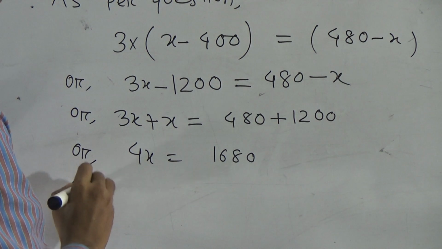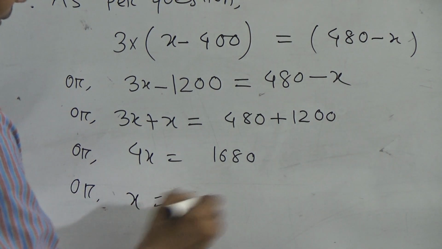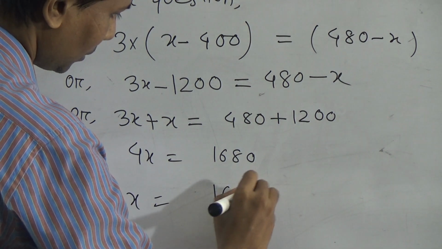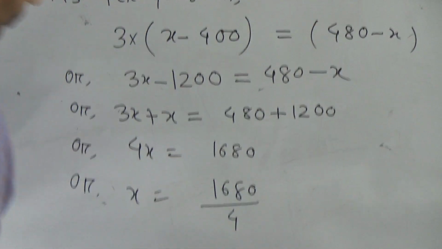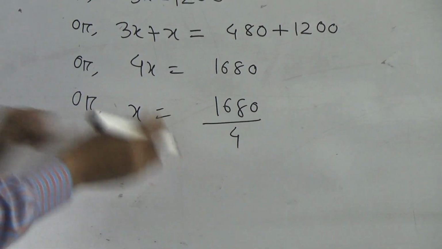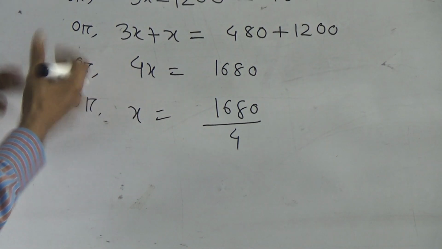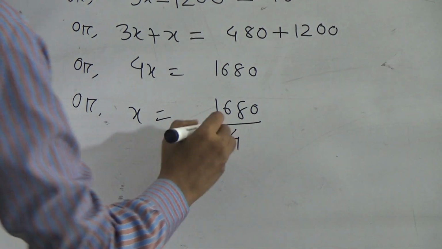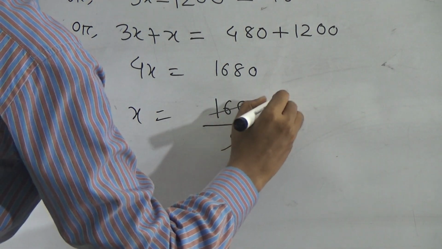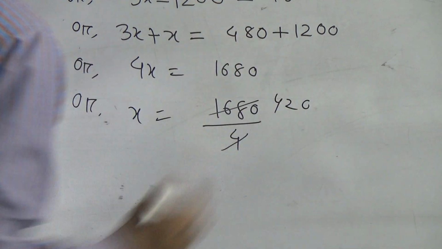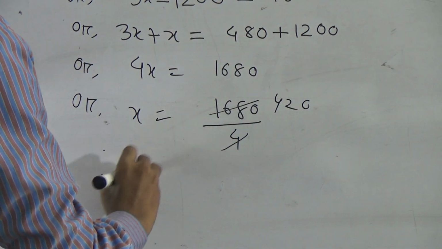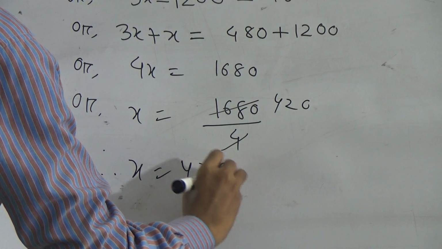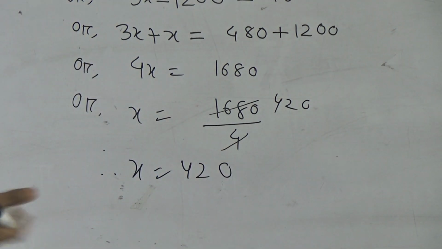Now we determine the value of x. This will be a division because 4 is multiplied with the variable x. Now divide. Therefore x equals 420 taka. This is the required result because we have to determine the cost price of that product.